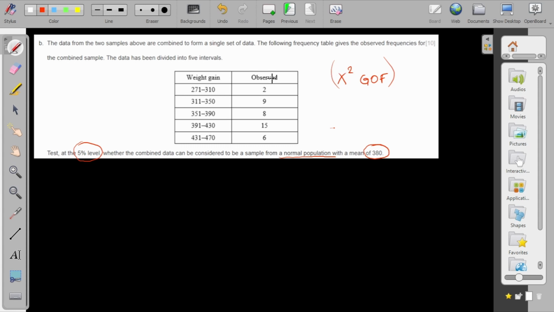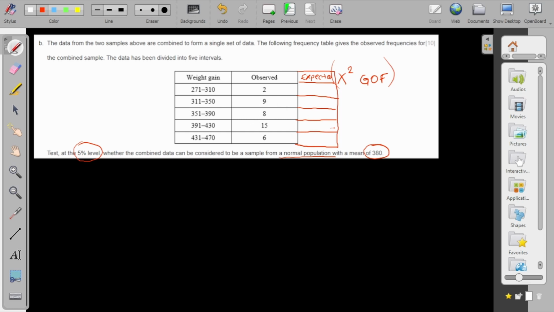So as to conduct it, apart from my observed data, I also need my expected data. If it's from a normal population, I must have some expected values.